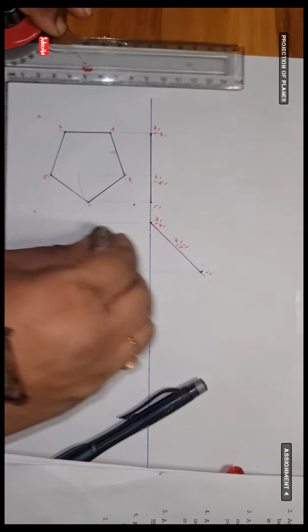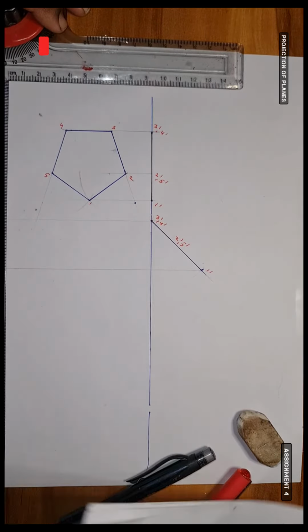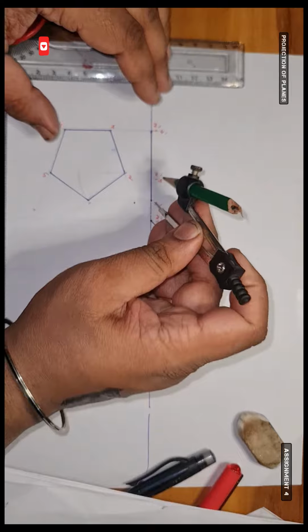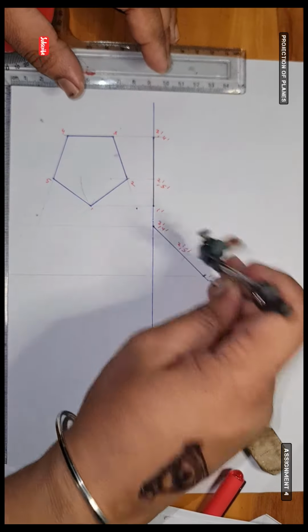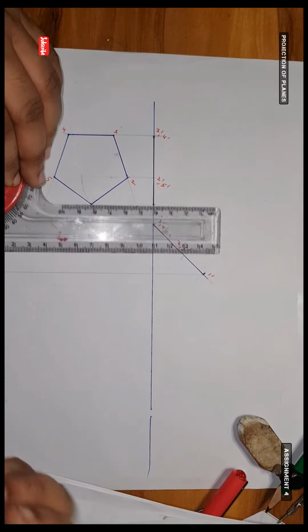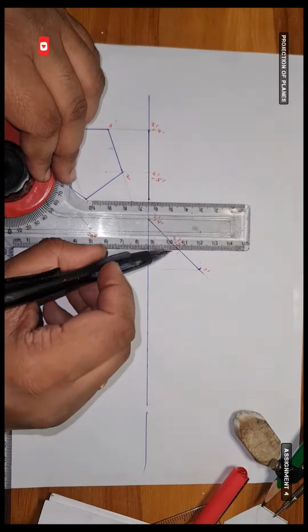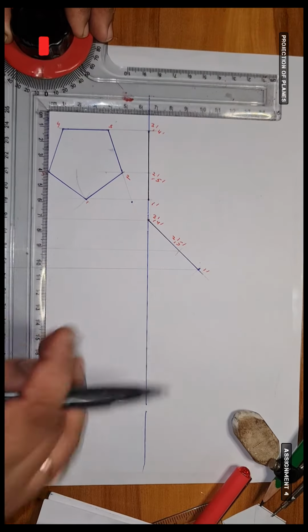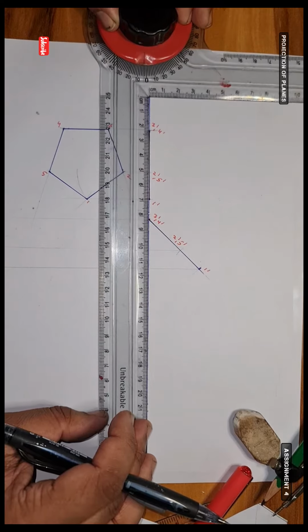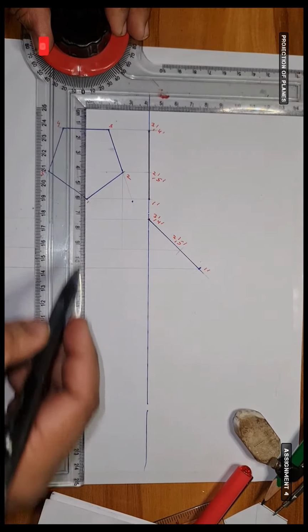This is not the position of 2. 2 would be nearer to 1. So this will be your 2 5 location. So just make it down, then you make parallel lines over here like this.